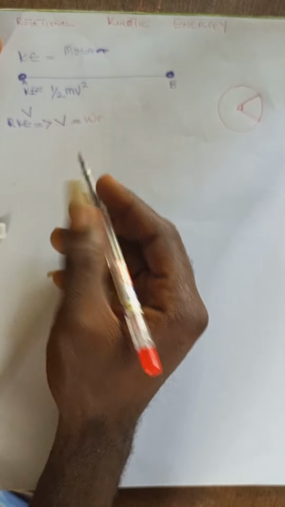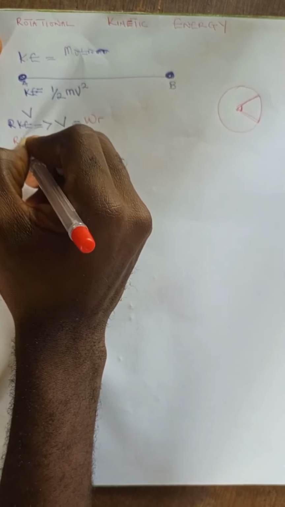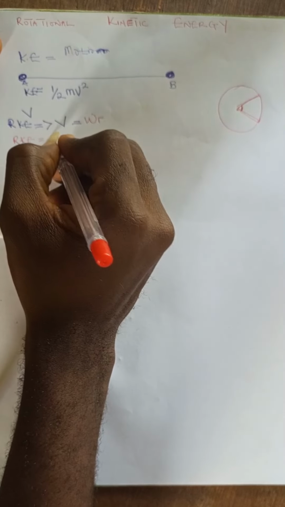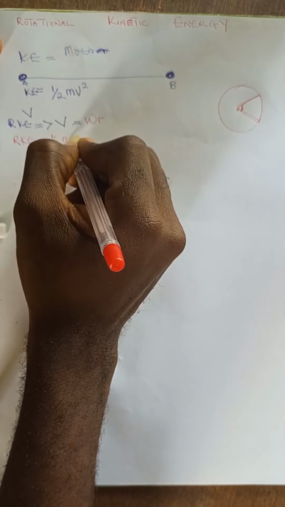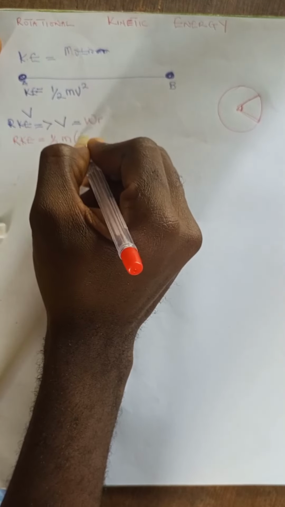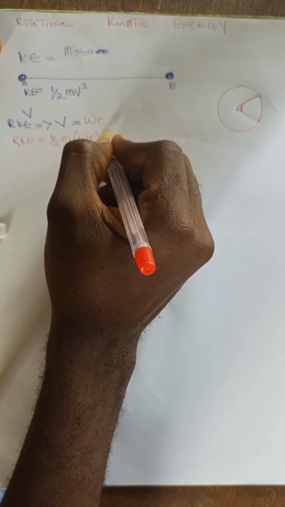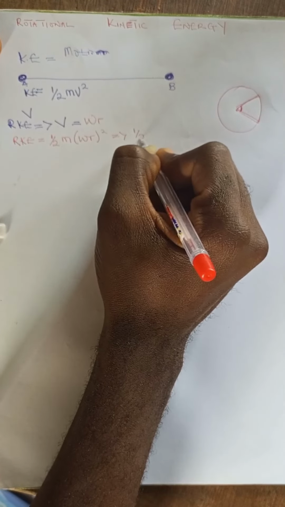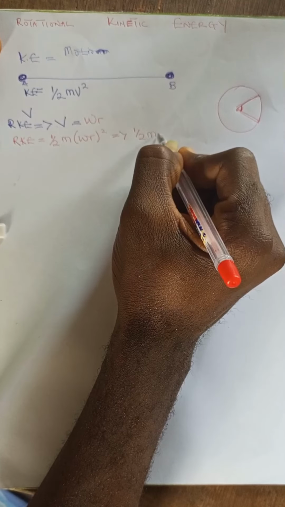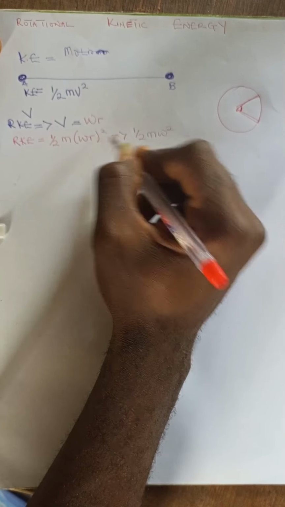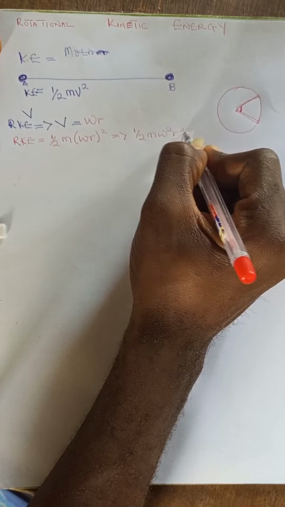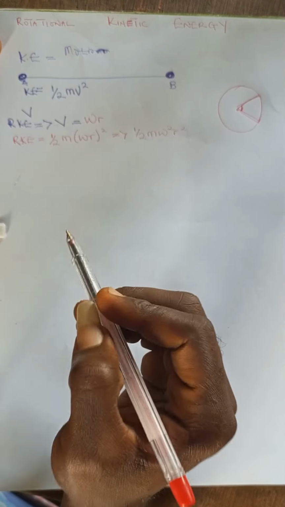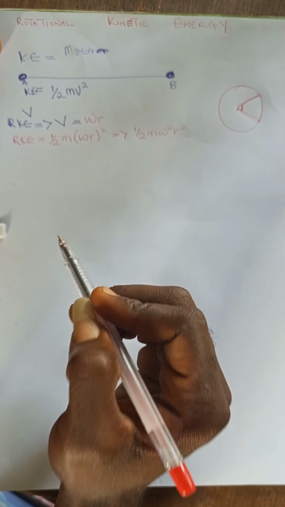So wetin dis one mean be say for rotational kinetic energy, instead wey I go get v square, I go get half m, v go become omega r, so dis go become omega r square. If I decide to open dis bracket, wetin I go get na half m, omega collect im own square, so omega square, r collect im own square, so dis is r square. So dis na the formula for rotational kinetic energy.